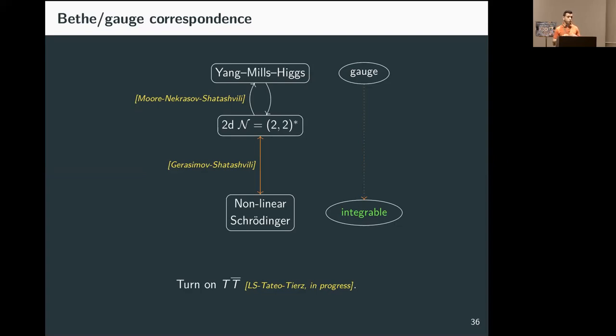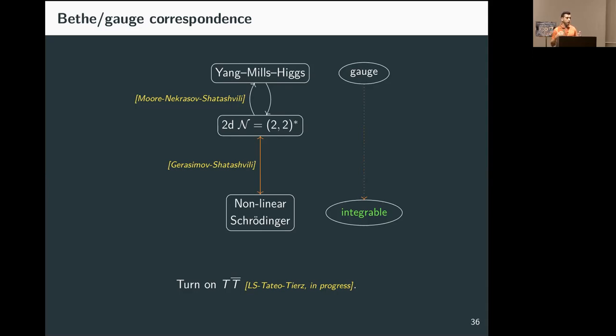And this, in fact, is true for a slightly more general class of theories, but we do not have a very general proof yet for all these Bethe gauge correspondences. But there is a clear class, a subsector of these correspondences for which it survives once we turn on TT-bar.